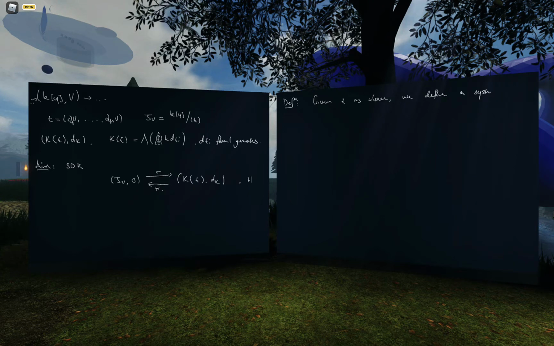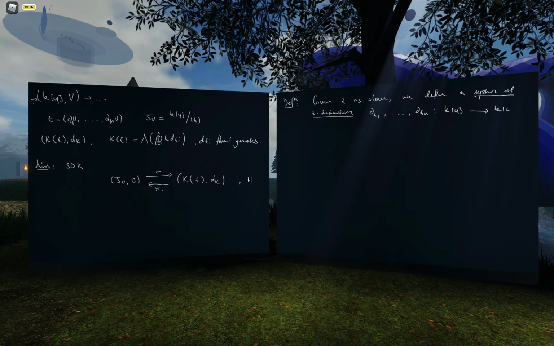a system of T derivatives as maps del T1 through del Tn from Ky to Ky as K-linear maps, satisfying the following properties.